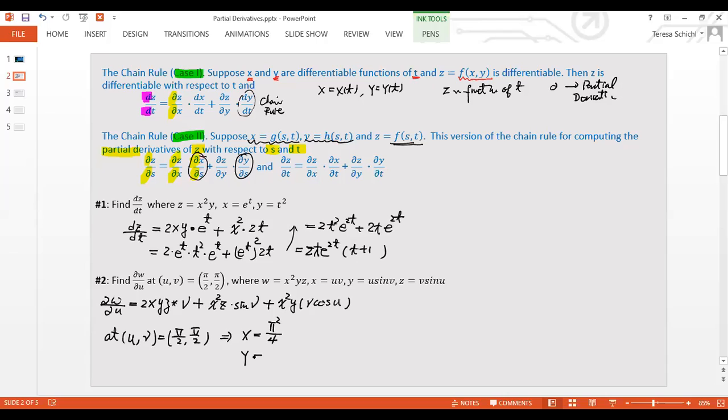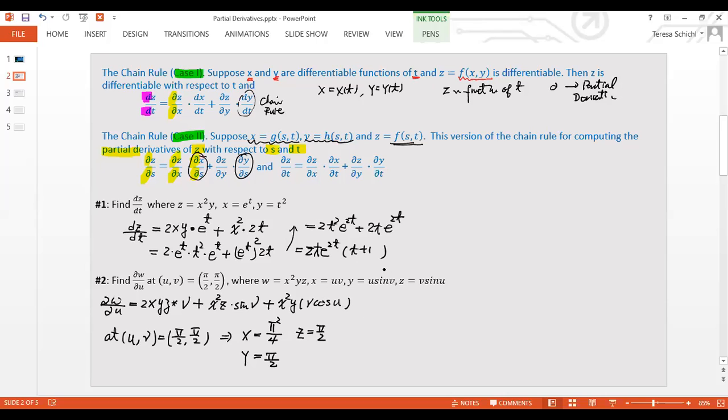Then y is equal to u sin v. So it's pi over 2 because sin 90 degrees is 1. And then z is equal to v sin u. So sin u at 90 is 1. And so this one here will be pi over 2 here.